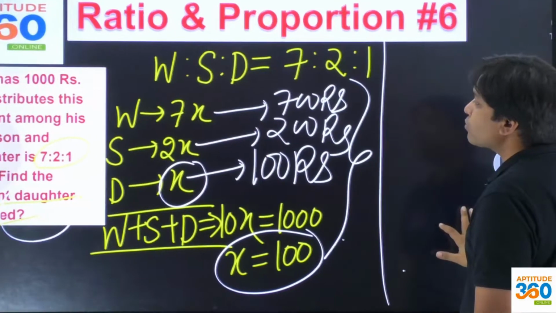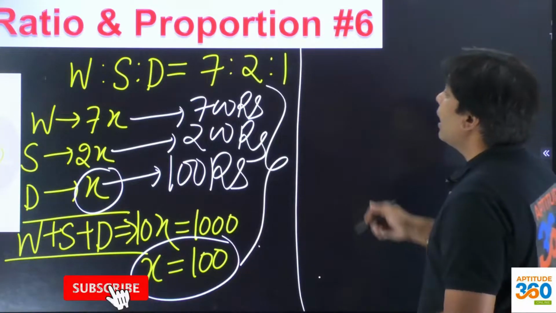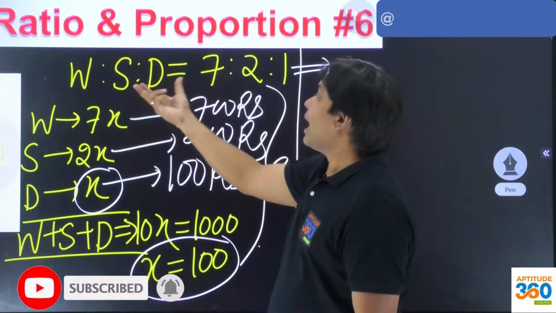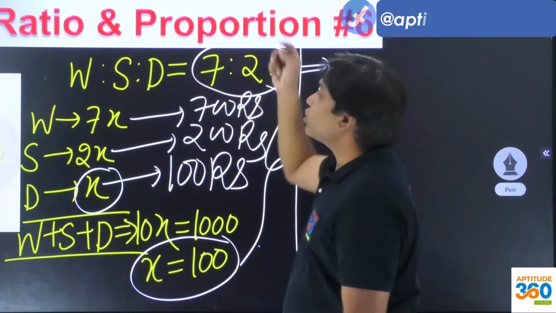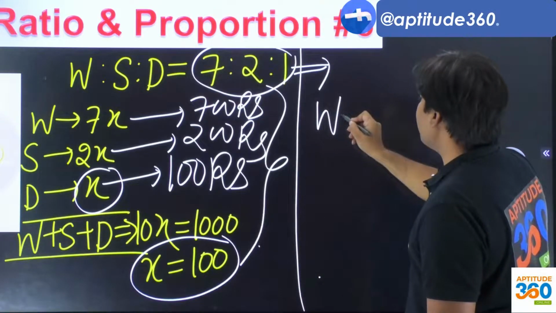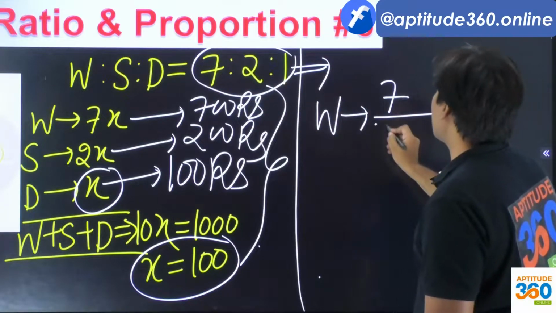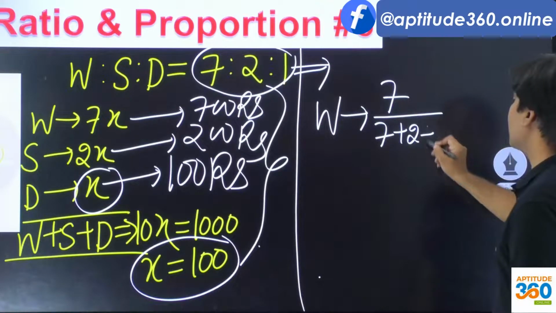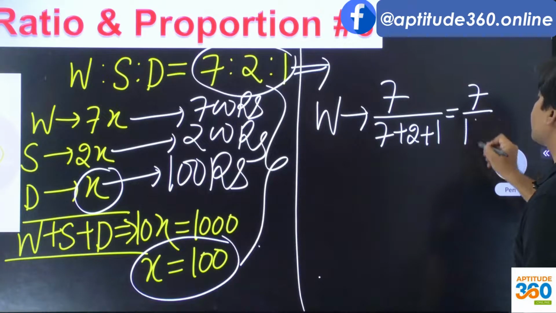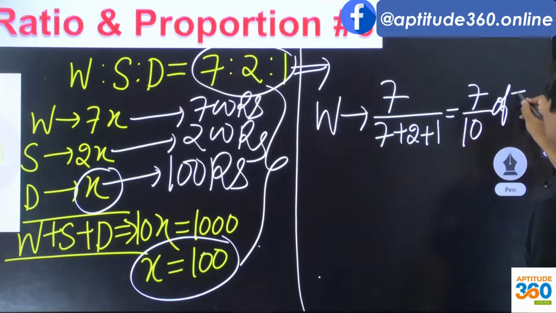So my second method is going to be something like this. Understand this. If wife, son and daughter are getting amount in 7:2:1, then I would say that wife gets 7 divided by 7 plus 2 plus 1, which is 7/10th of total, isn't it?